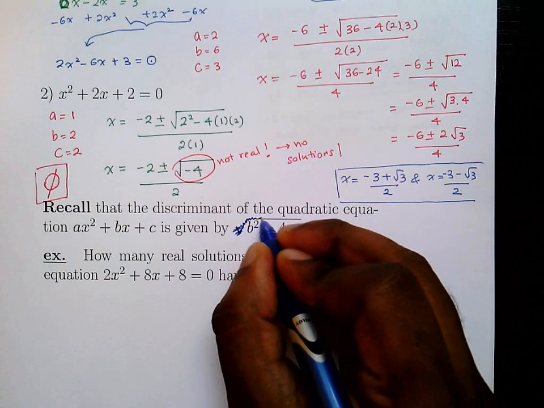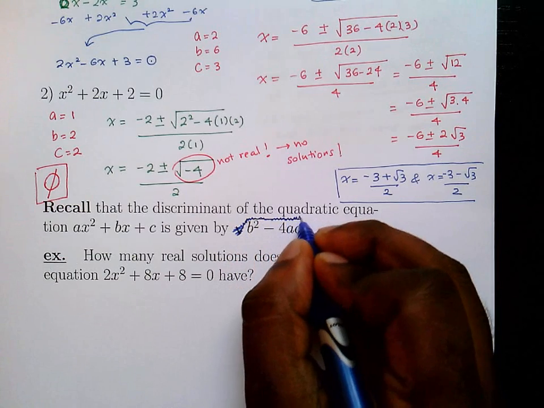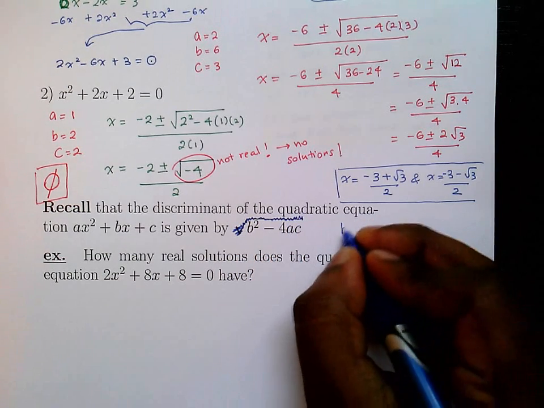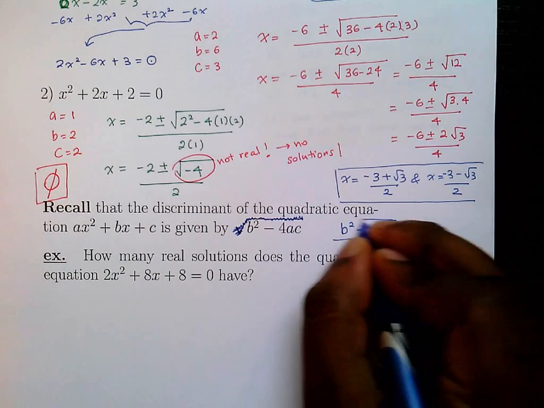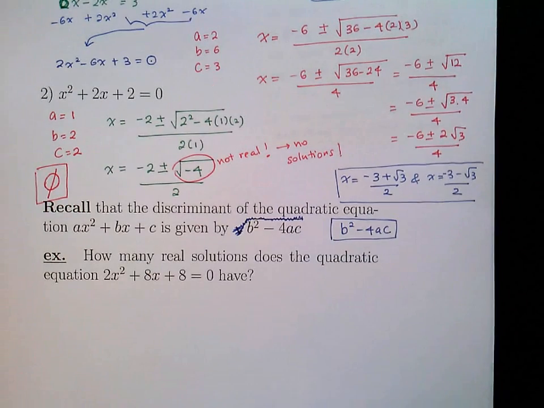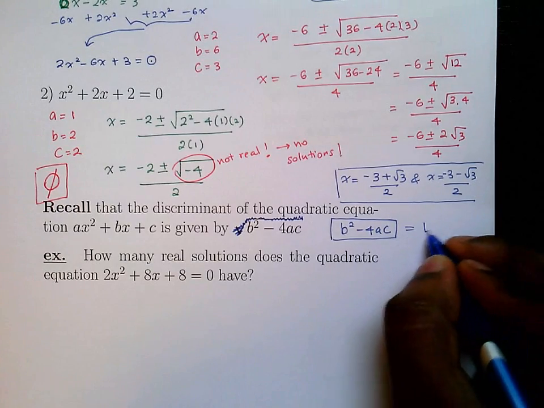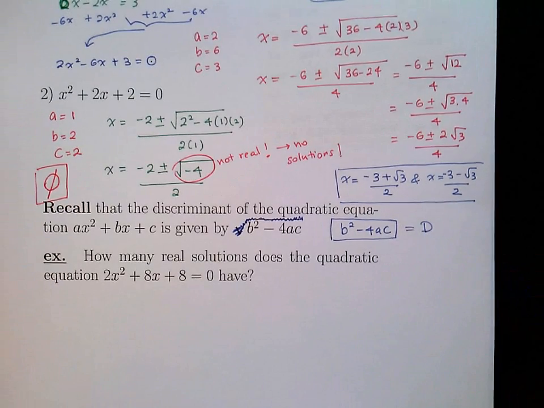The discriminant is b squared minus 4ac. Okay, so that's your discriminant. Make sure the typo is not there. It was not in the lecture 5 part 1, but it is here.